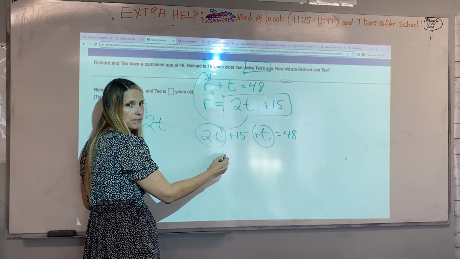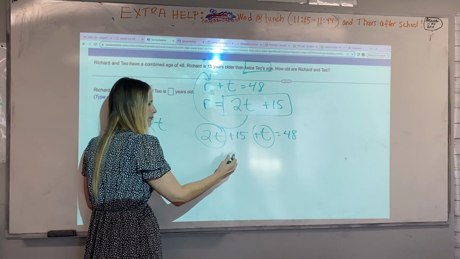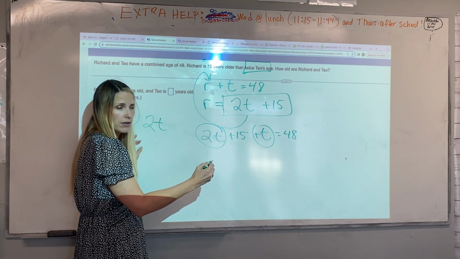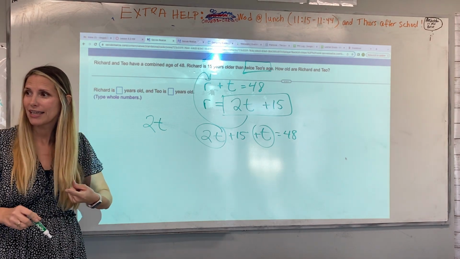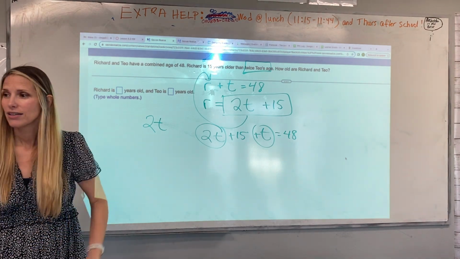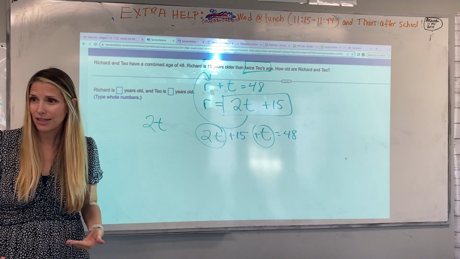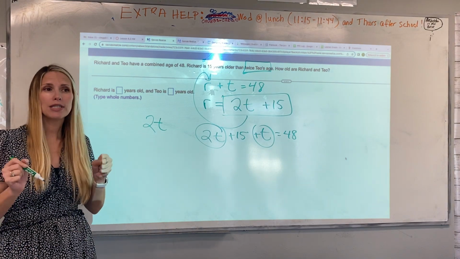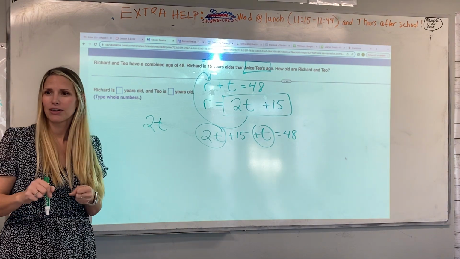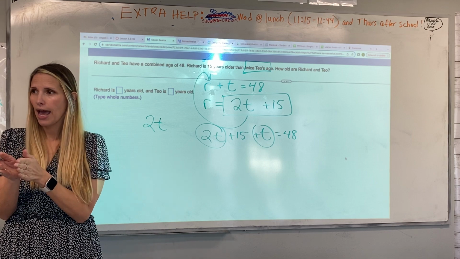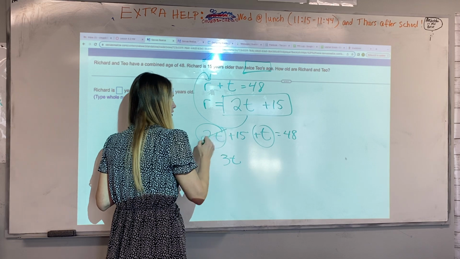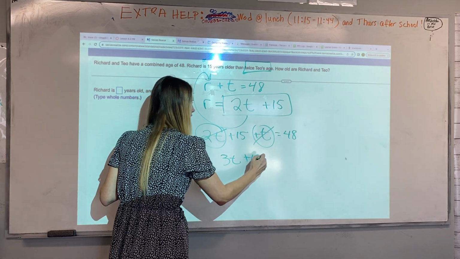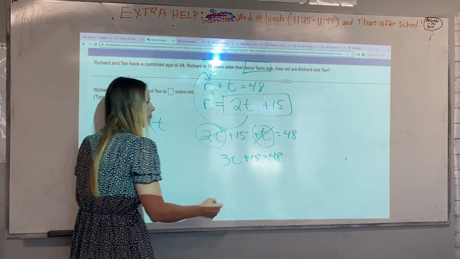What's 2t plus t? 2t plus another t would be 3t. 3t plus 15 equals 48.